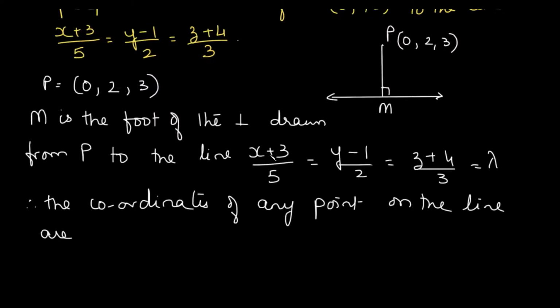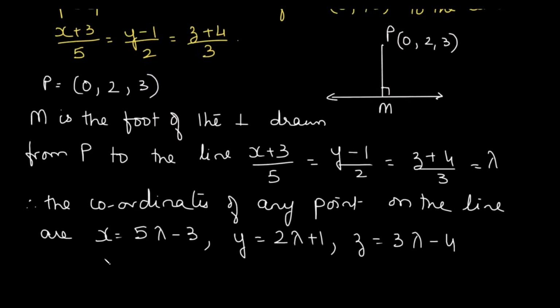now here what do we do? What we do is we take (x + 3)/5 equal to lambda and solve it this way. That is, we get x equal to 5 lambda minus 3. The y coordinate becomes, now same here, 2 is taken that side, so 2 lambda plus 1, and z becomes 3 lambda minus 4.